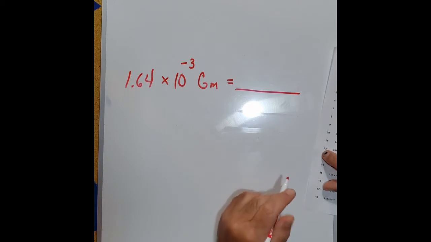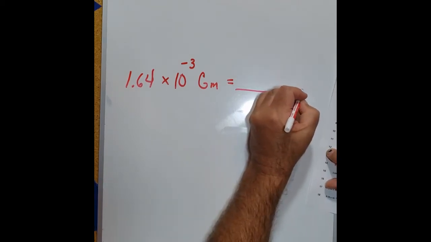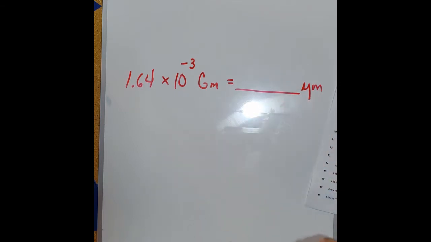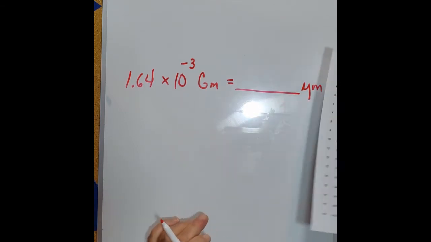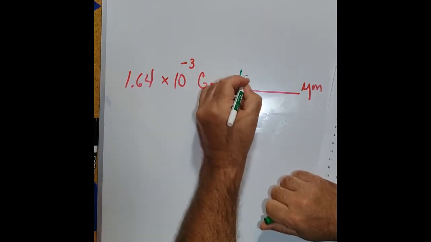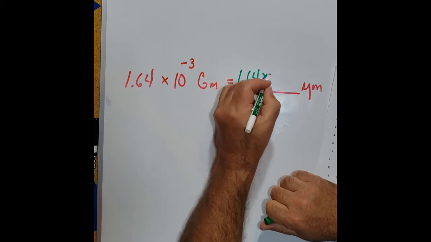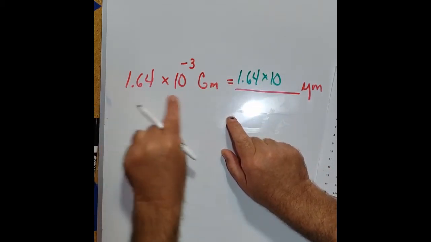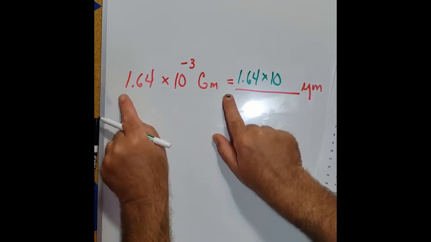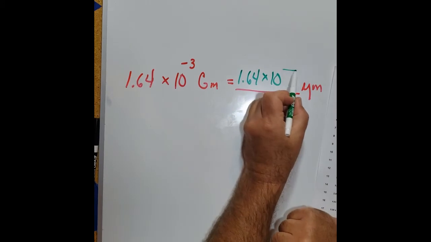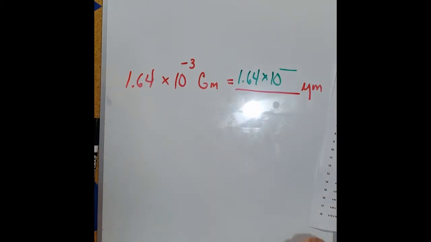All right, and we want to convert that over to micrometers. Now, following the example from last time, I know my answer is going to be exactly the same as this side of the problem: 1.64 times 10, and the only difference up here is going to be the value of the exponent.